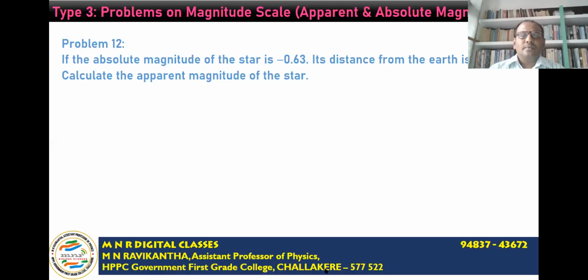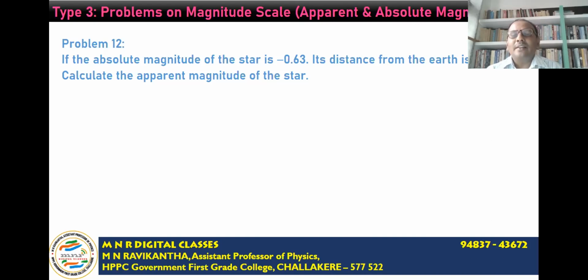The next problem, that is problem number 12. In this problem, if the absolute magnitude of the star is minus 0.63 and its distance from the Earth is 65.077 light years, calculate the apparent magnitude of the star. So in this problem, absolute magnitude capital M is given.